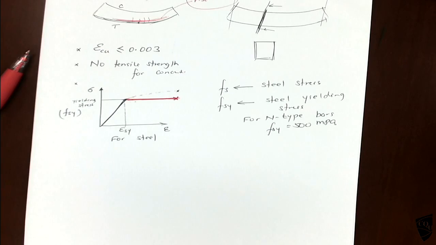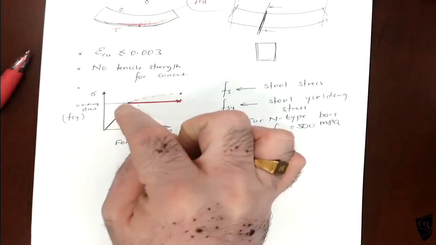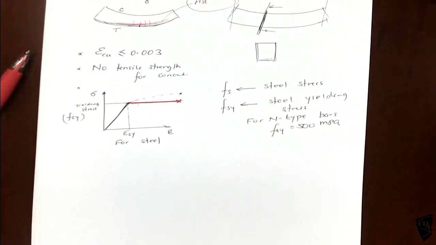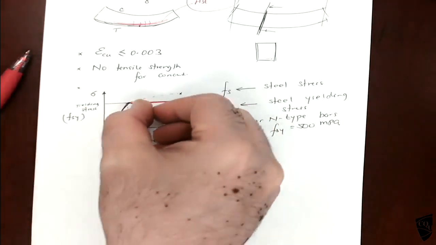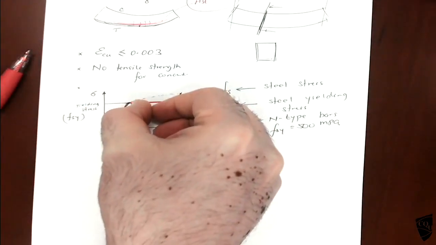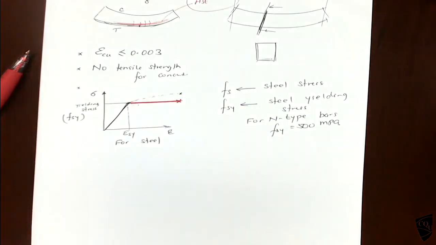Okay, for ceramics, sudden failure, brittle. If this one is short, that is a brittle material. Plain concrete is a brittle material. Sudden failure. Steel, if it is a high carbon steel, it will be brittle.